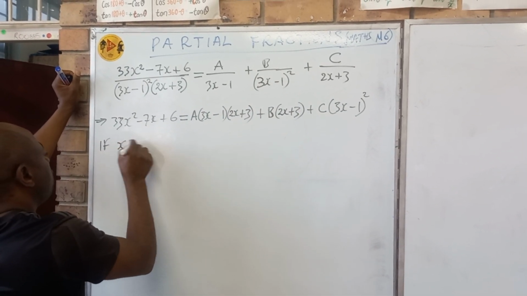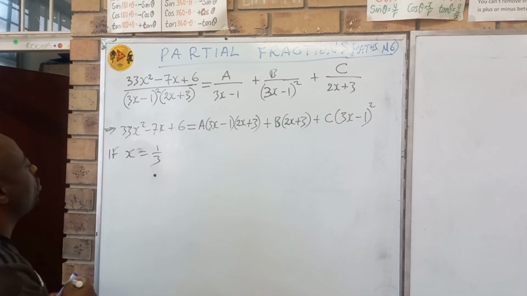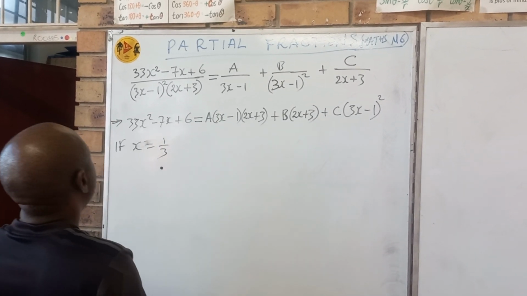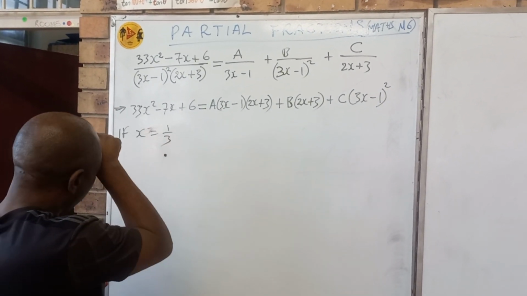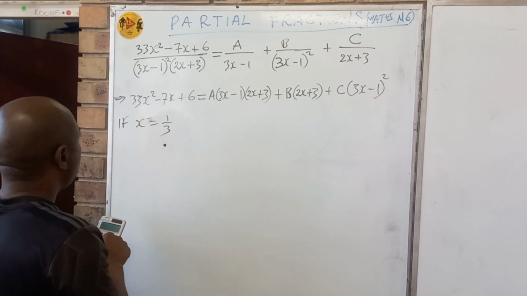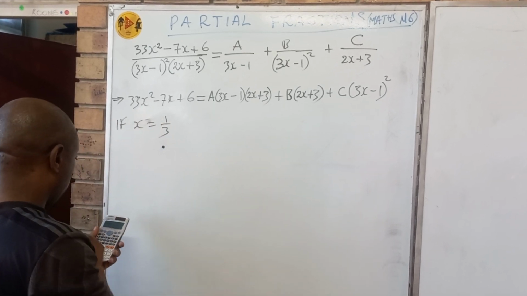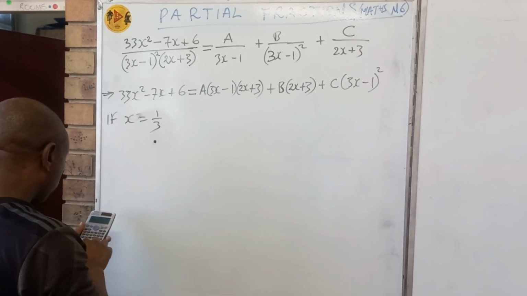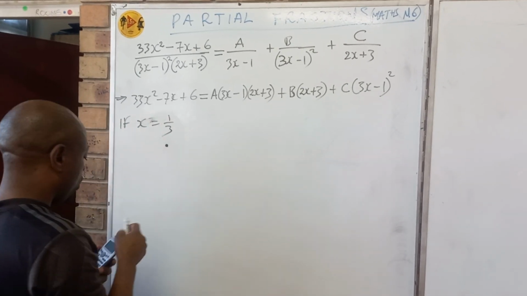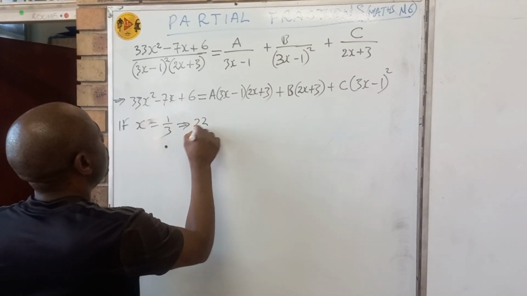I'll say if x is equal to 1 over 3, if I equate that to 0, then I substitute it all through, on the left and on the right. So 1 over 3 squared is 1 over 9, so I get 33 on 9. Then 1 over 3 times 7 is minus 7 over 3. Then plus 6. So the left gives me 22 over 3.